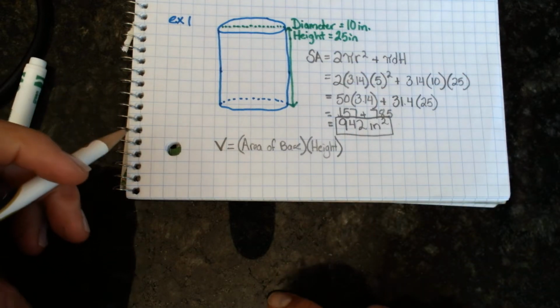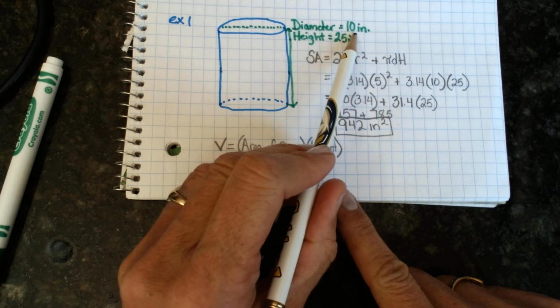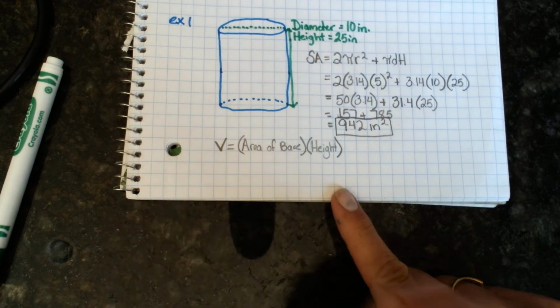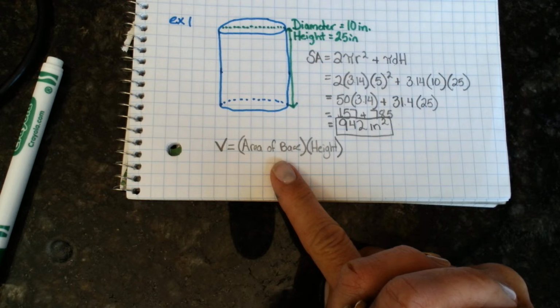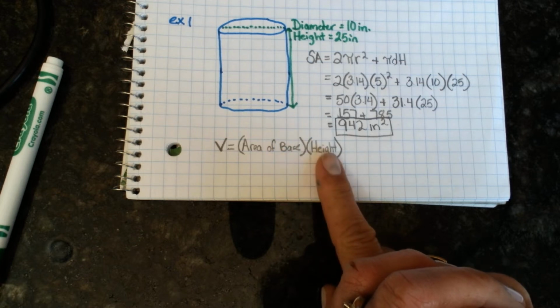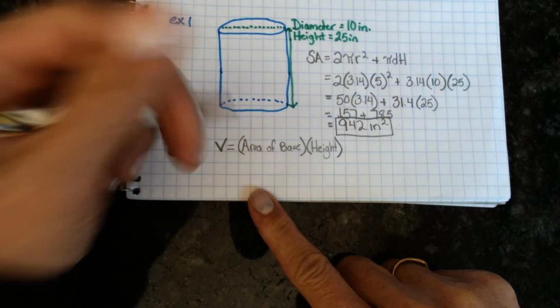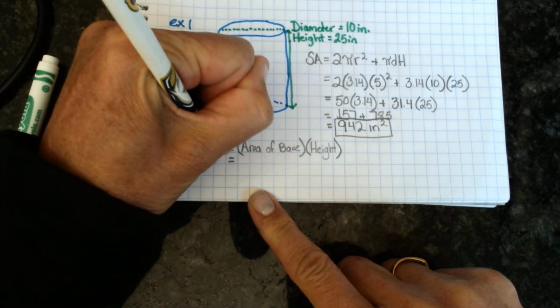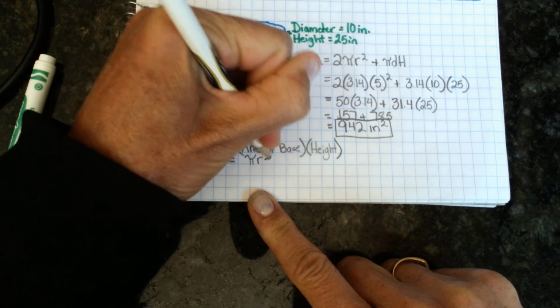Okay, so I have turned back to example 1. This is our cylinder that had a diameter of 10 inches and a height of 25 inches. And now we are going to find the volume of this cylinder. So we just discussed that volume is calculated by finding the area of the base times the height. In this particular example, the base is a circle. So to get the volume, we have to multiply pi times the radius squared.